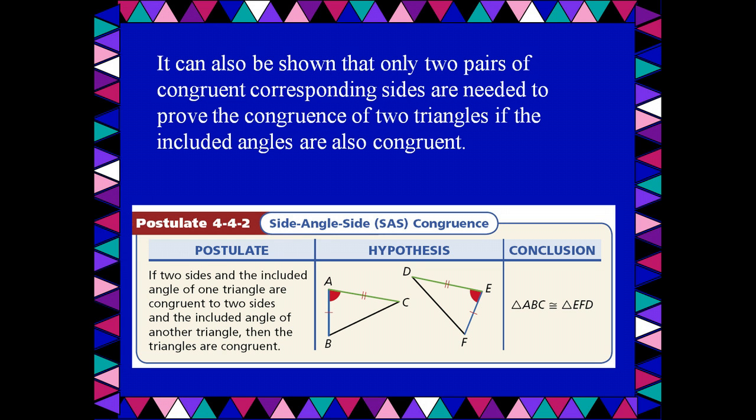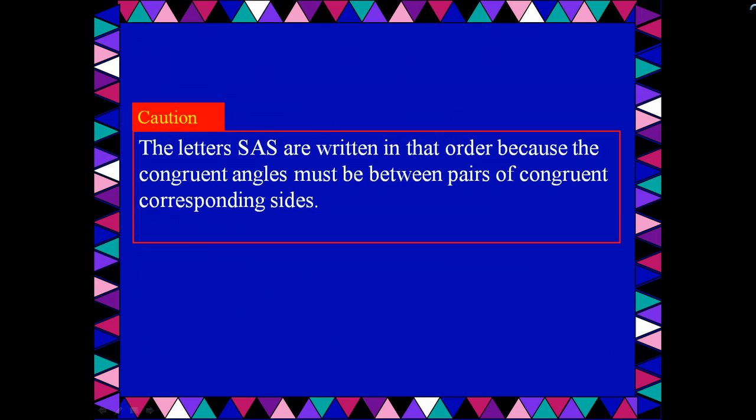The conclusion then is ABC is congruent to EFD. Make sure that you know that the letters SAS are written in that order, because the congruent angles must be between pairs of congruent corresponding sides.